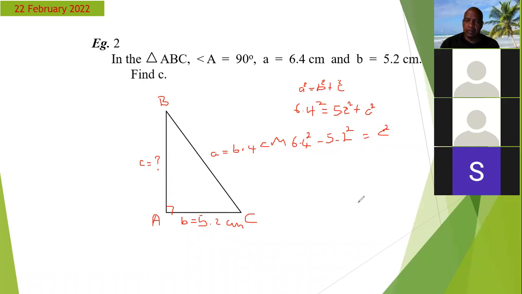6.4 squared equals 40.96. Yes. Okay. And the other one is 5.2 squared, which is 27.04.